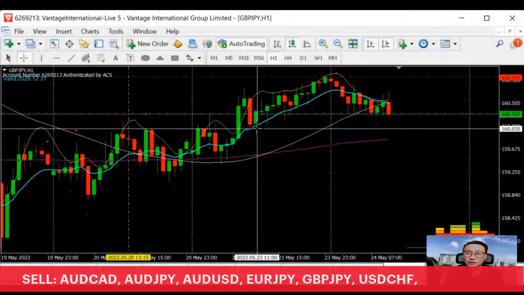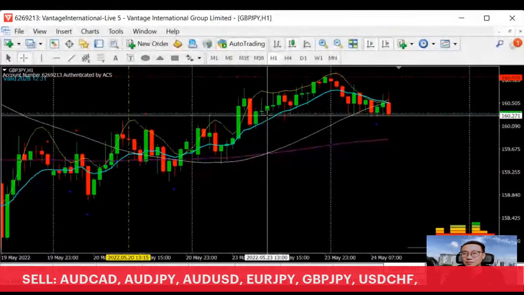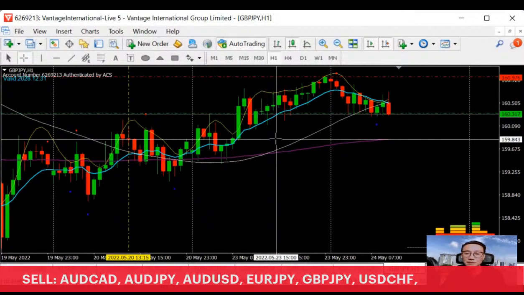So usually I will try to have a retest and come back here again with selling. This will be more of a confirmation for the breaking. Then I will continue the selling, and I will be much more confident to continue the selling.